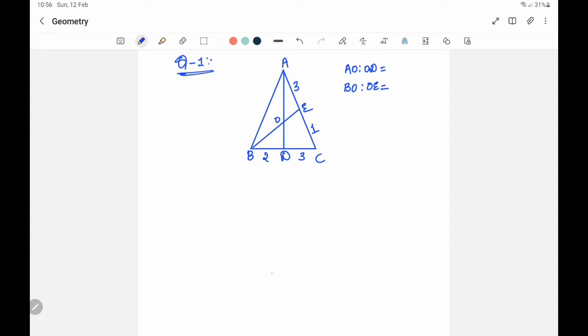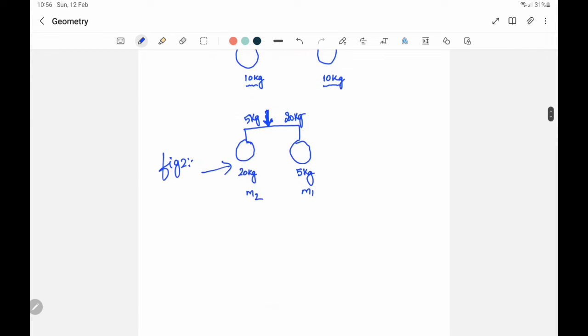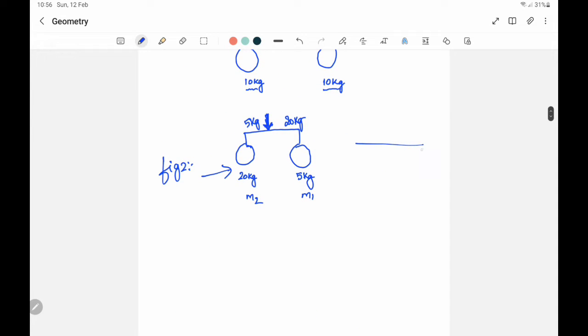Now let me take this line segment BC, that is the base of the triangle, and let this point be D, and D has divided it in the ratio 2:3. Now we'll compare it with our above example. Here we have seen that there is 5 kg over here and 20 kg over here, and we have taken a certain point dividing this in the ratio of 5:20.